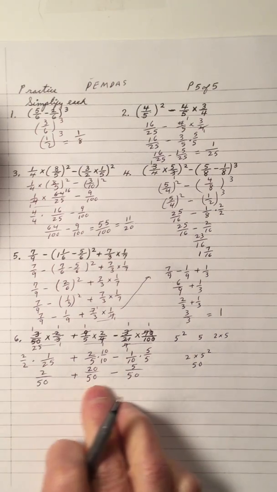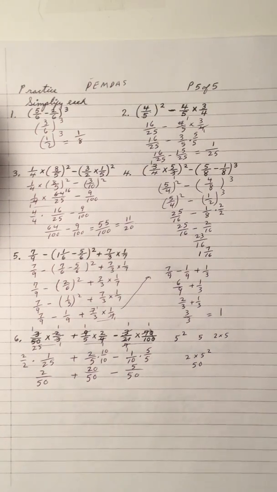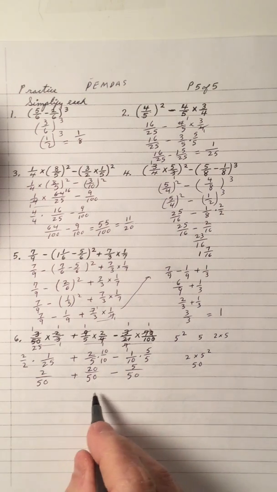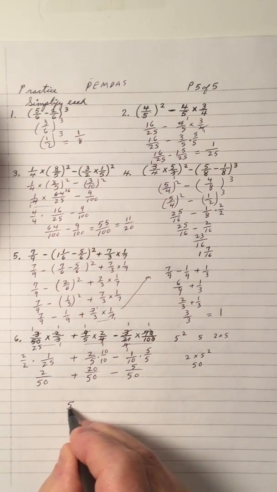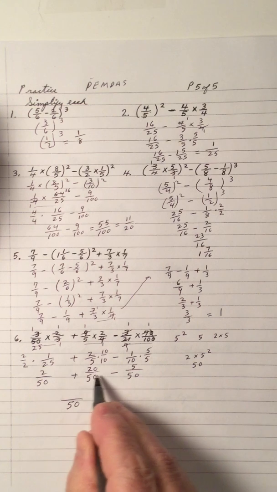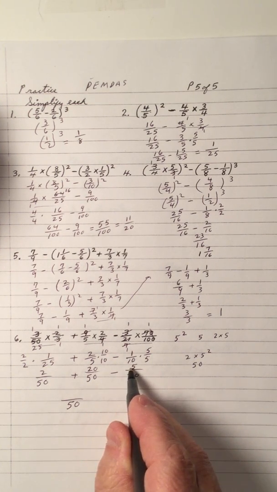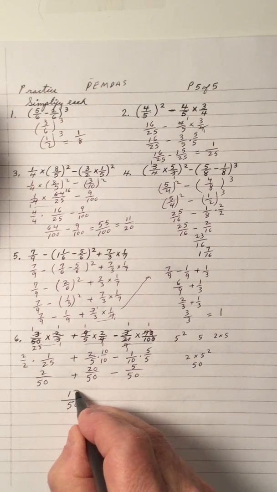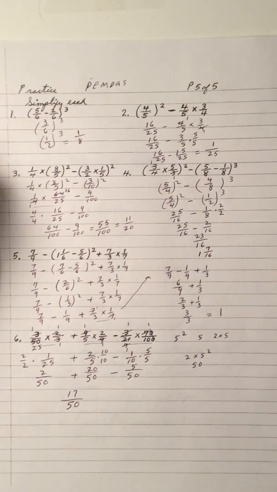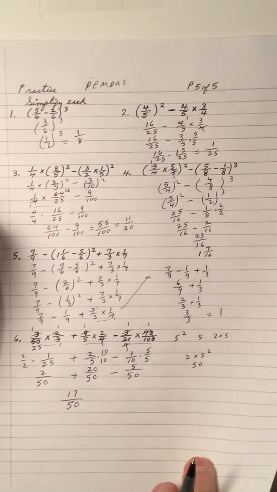Notice the common denominator is 50. And because it's 50, write down your denominator, and I can add to get 22 and subtract to get 5. So that's 17 over 50. 17 is prime, can't break down, so that's the final.